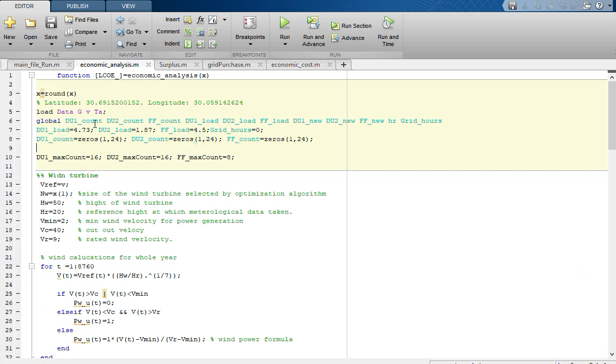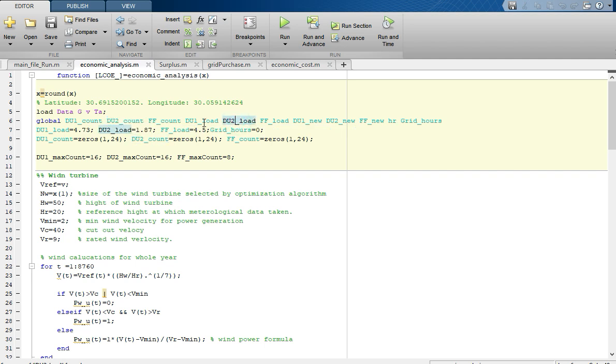Here the du1 count, du2 count, ff count. These are parameters meaning for how many hours du1 is required and operated, du2 is operated for how many hours, and ff is operated. These are all manageable, reschedulable loads. The shiftable profile is managed by the optimization algorithm itself.